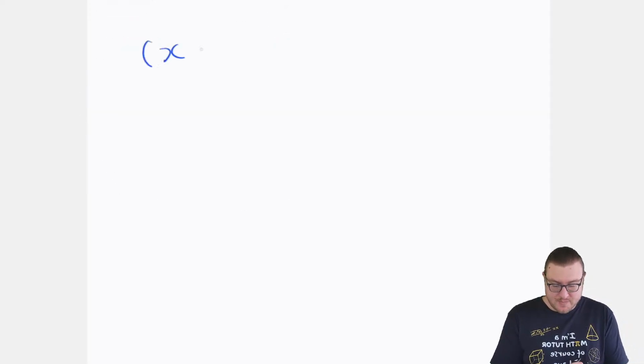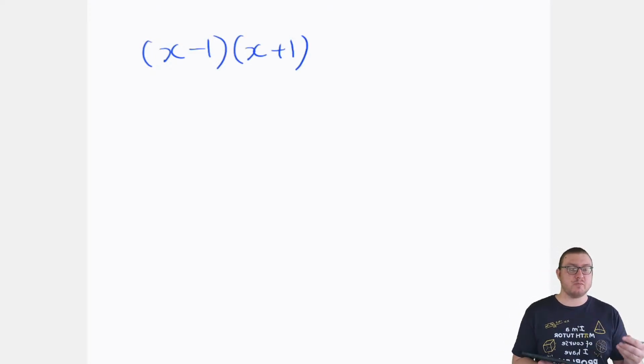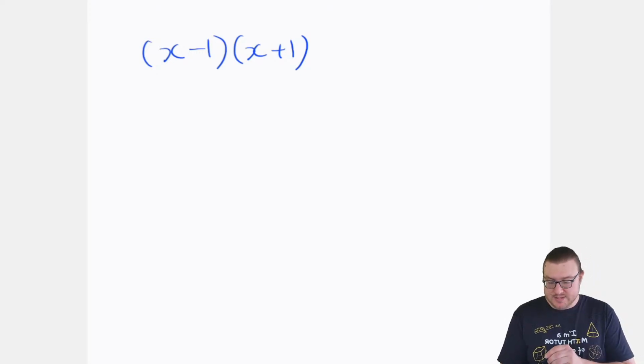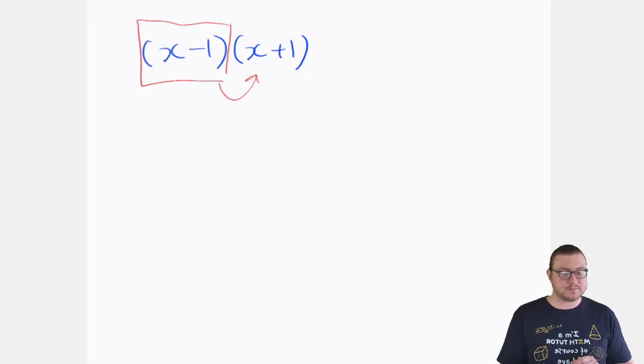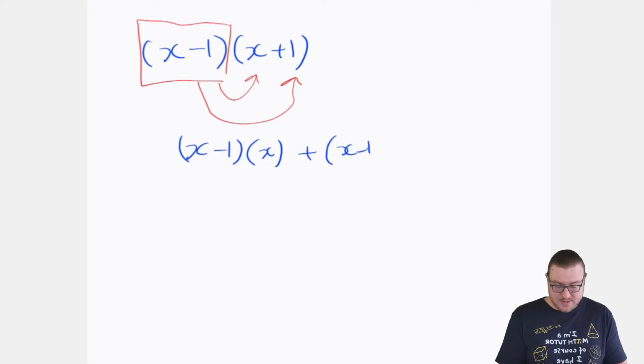Most of the time, we will be expanding brackets that have multiple terms in them, and we've got multiple sets of brackets. What this actually means is we want to expand this part with x and this whole part with x plus 1. So here we end up with x minus 1 times x plus x minus 1 times 1.